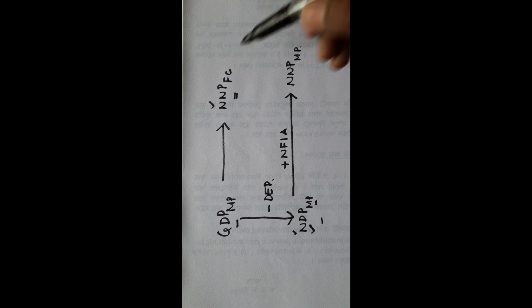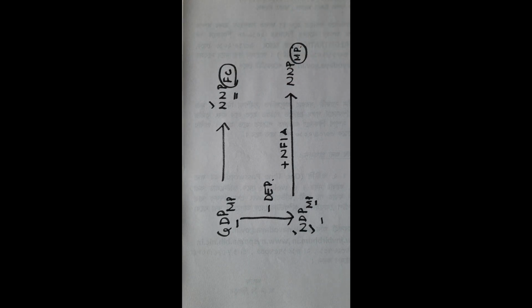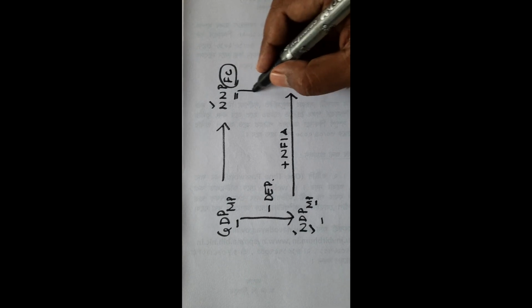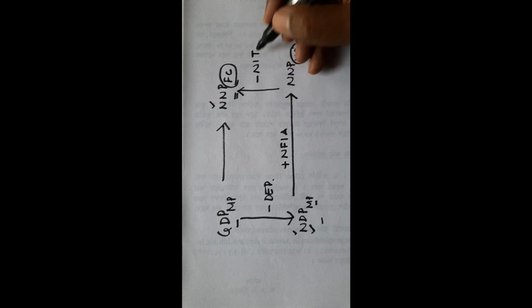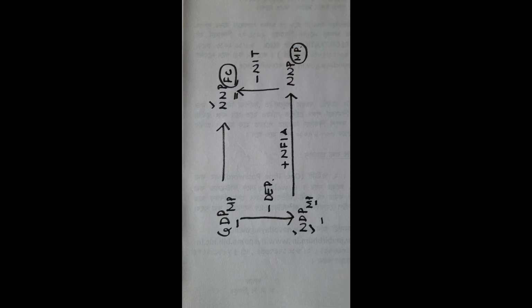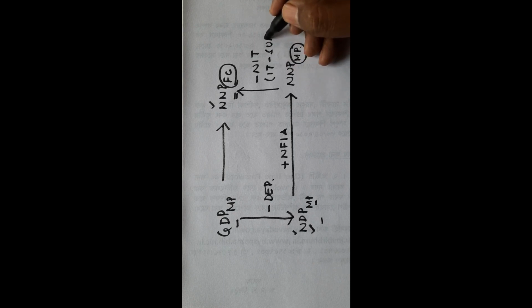Now what remains is to convert this market price to factor cost. Market price can be converted into factor cost simply by subtracting the value of net indirect taxes. Net indirect taxes is indirect tax minus subsidy. Once we subtract the value of net indirect tax from the NNP at market price, we get the value of NNP at FC.